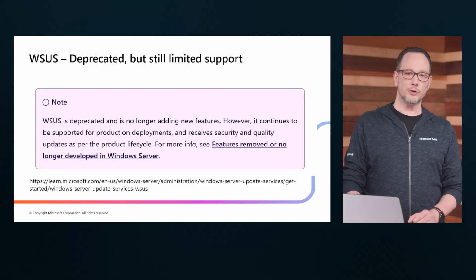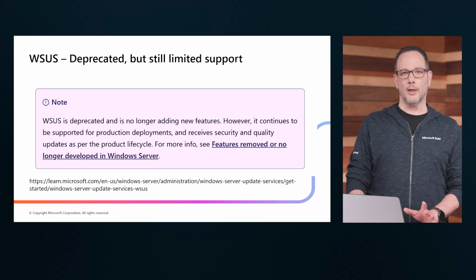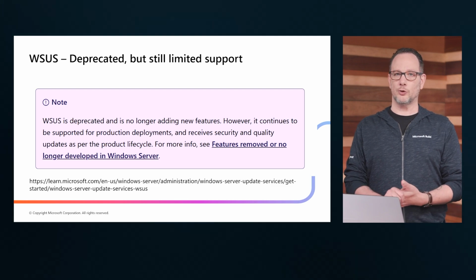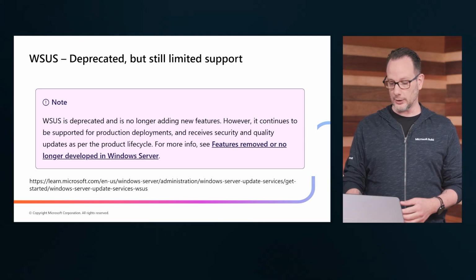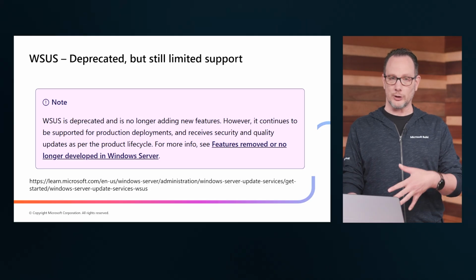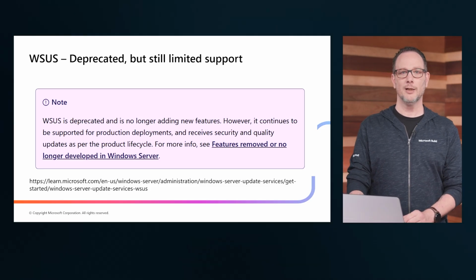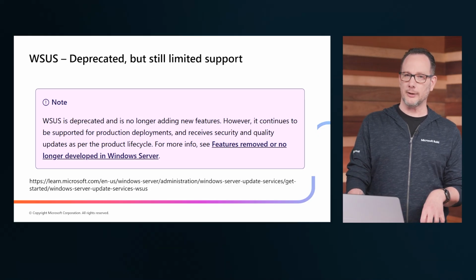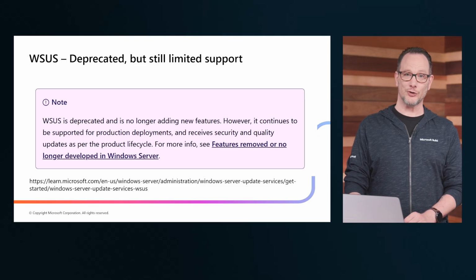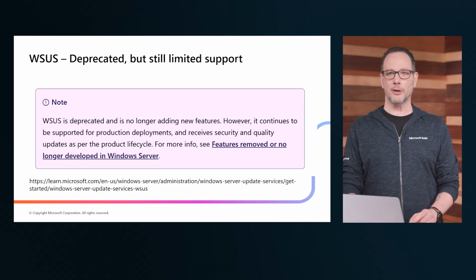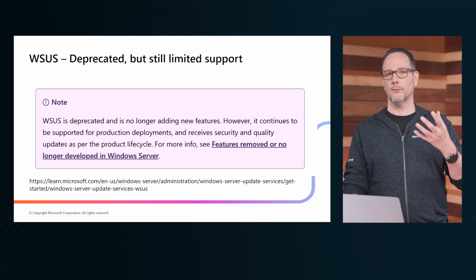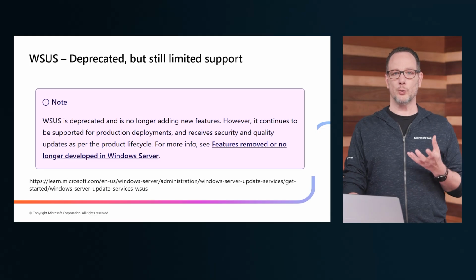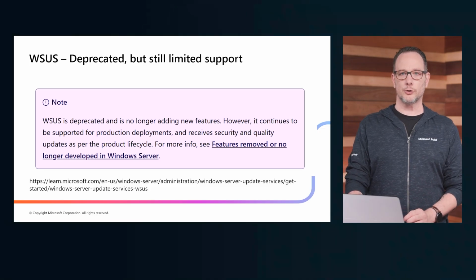Now, before going into quite some detail here, I also need to get your attention to the fact that officially the Windows Server Update Service, or WSUS as we like to call it, is officially deprecated. Now you might go, okay, deprecated typically means it's no longer supported. Now the interesting part here is that because your Windows updates are so crucial, it is actually still supported.